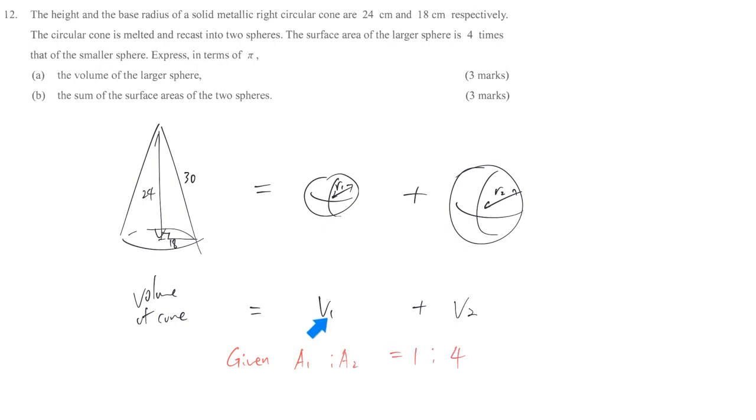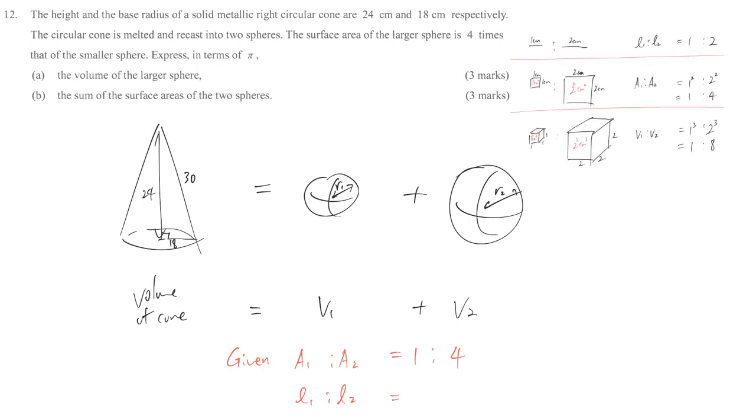It's because I defined the smaller one is V1, so that's why the smaller area should be A1, smaller to the bigger. And instantly we know that L1 to L2 should equal square root 1 to square root 4. We can trace back the length ratio by taking square root, so therefore we have 1 to 2 here.